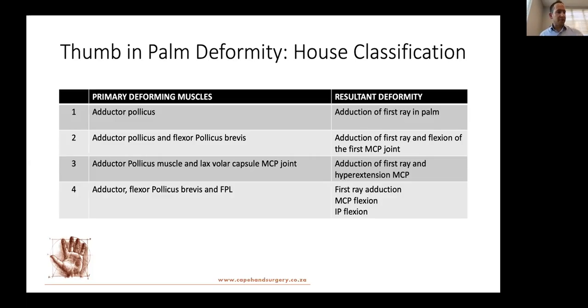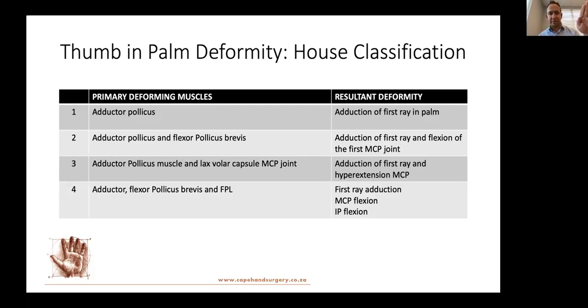Lastly, I know the time is almost finished, but I just want to jump quickly up to the thumb. For those of you still in the academic space, the House classification is based on the cause of the problem. So the thumb deformity is based on what the spastic component is. Obviously the most common one is the adducted thumb.